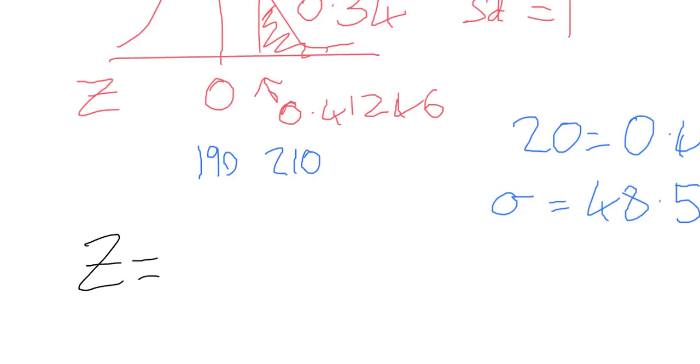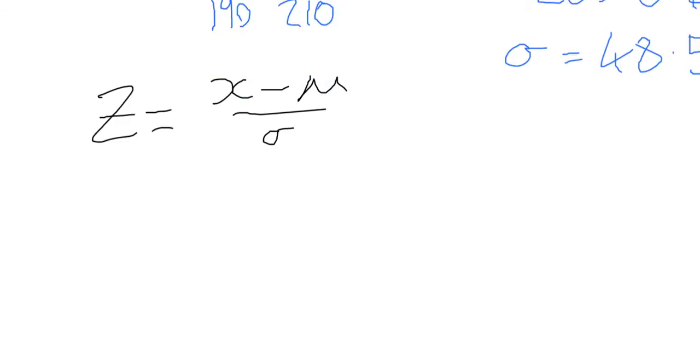And this is a formula you get given in the formula sheet. Z equals x minus the mean, divided by the standard deviation. That's the format it gives it to you. But the way that I find is really helpful is this: x equals z times the standard deviation plus the mean.